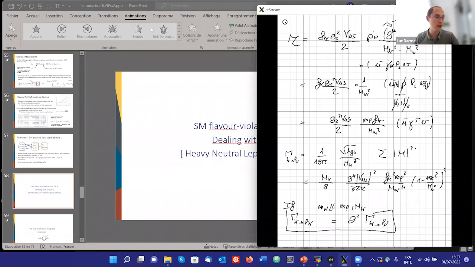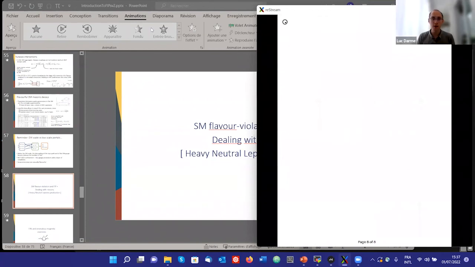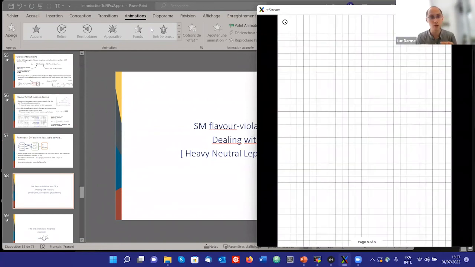So actually, if you make the full calculation, you'll find some additional discrepancy from there. Especially if the mass of the right-handed neutrino is non-zero, then you'll find some kind of new kinematic factor that you can very easily find from the full cross-section. But what is interesting is that from this perspective, you see that the branching ratio of K plus into N and ℓ plus is basically the same as just the sine of this mixing angle squared times the branching ratio.